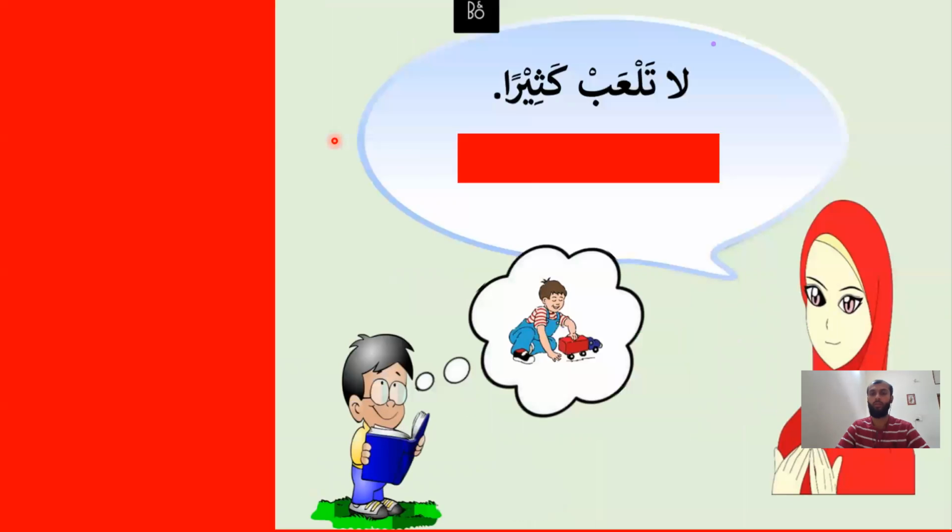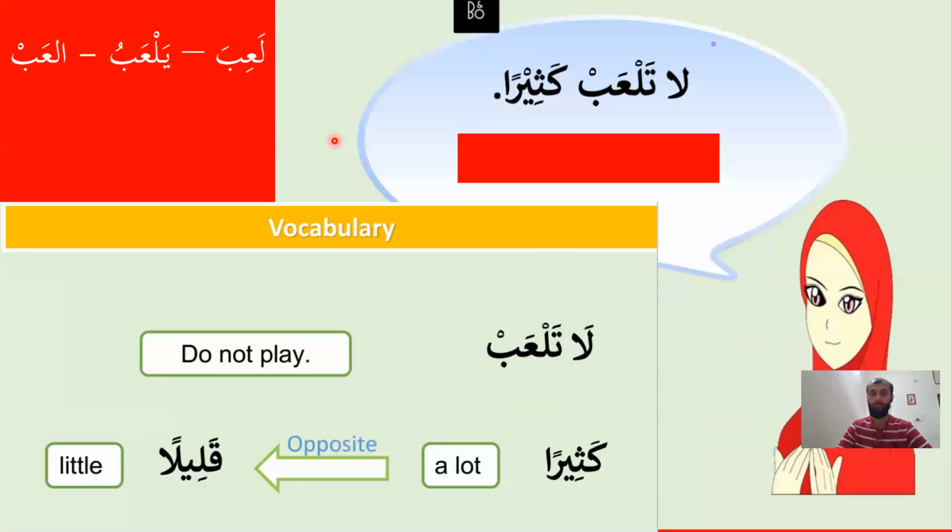Next. What's the second advice that the mom gives to Kareem? She says, La tal'ab kathiran. The verbs are la'iba, which means he played, and yal'abu, which means he plays or he's playing. Past tense, present tense.